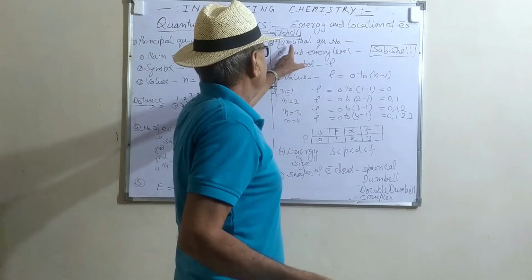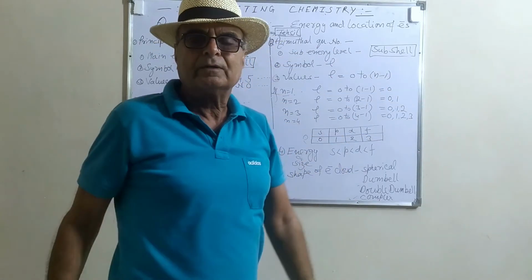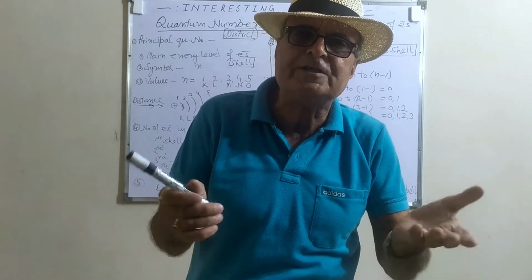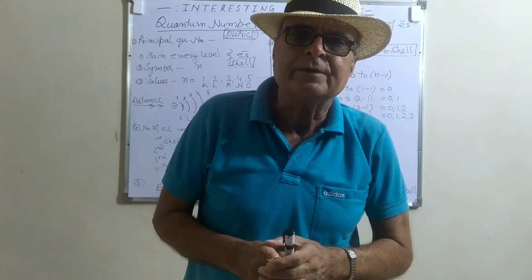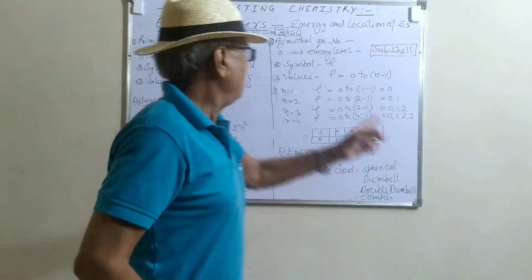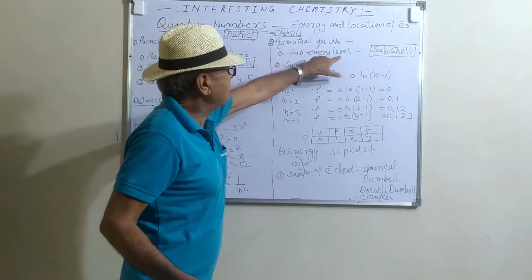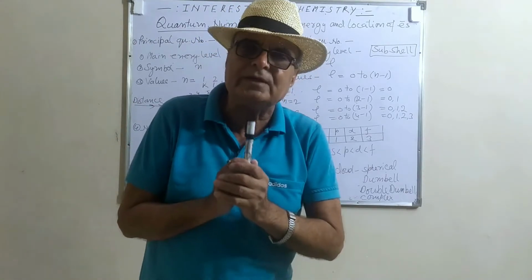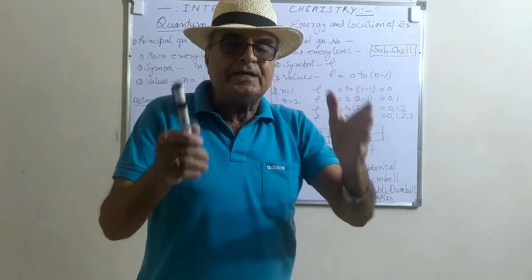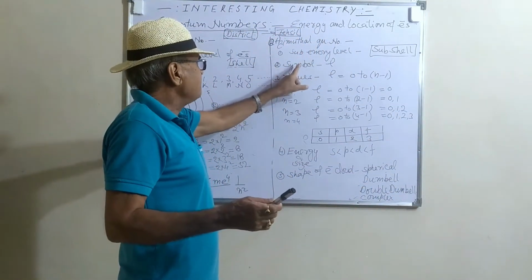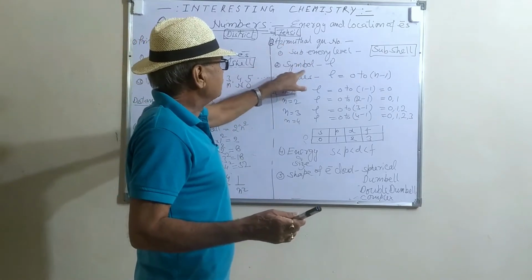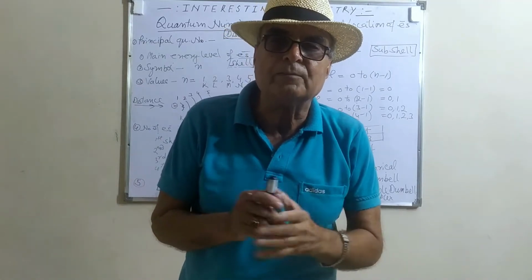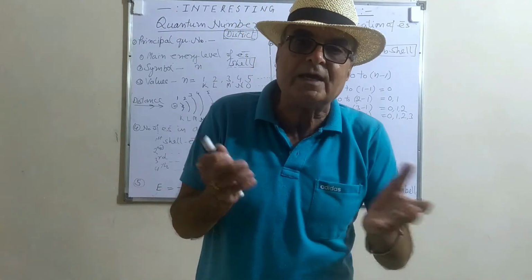That is the azimuthal quantum number, also called the subsidiary quantum number, or the sub-energy level of the electron. The symbol of the azimuthal quantum number is L.